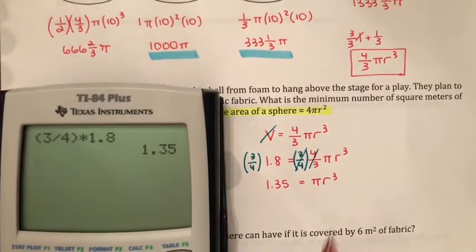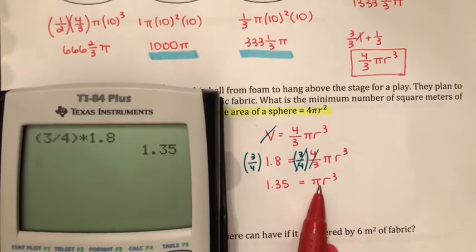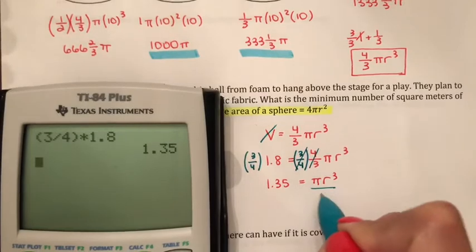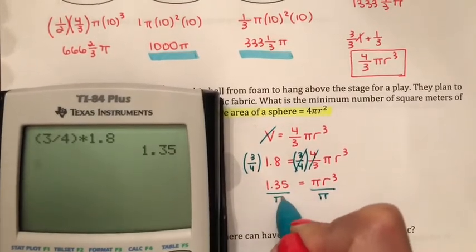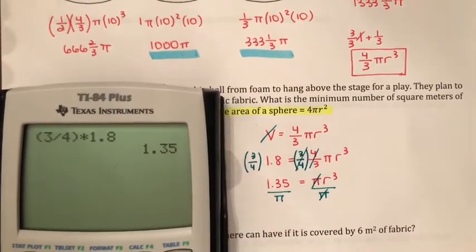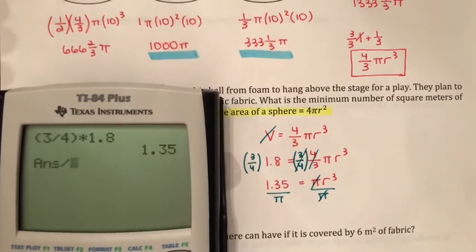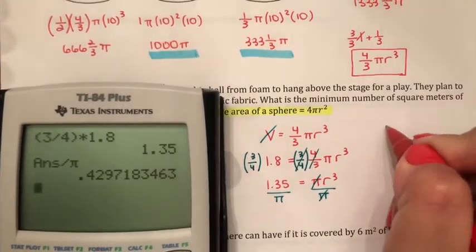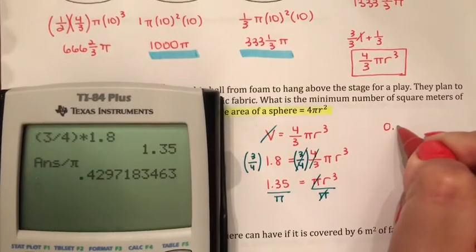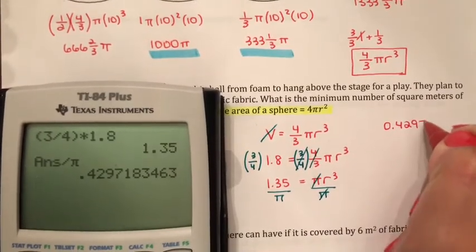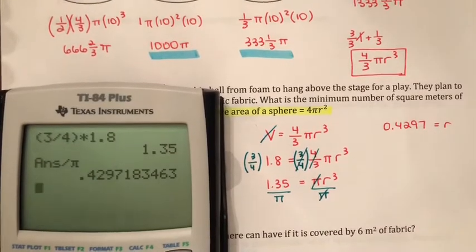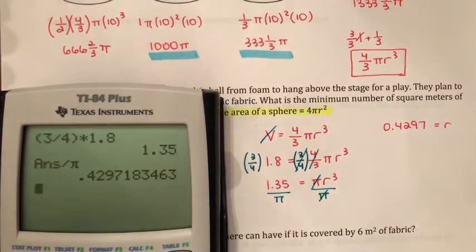Okay. Now I still need to get rid of some stuff because I'm trying to get r by itself. So let's divide by pi to get rid of that value. So I'm just going to hit divided by pi, and I get 0.4297. I'm just going to keep a bunch of decimals for now, and that's my radius.